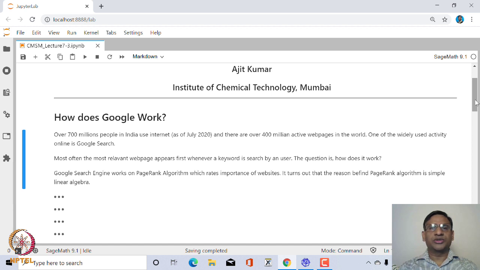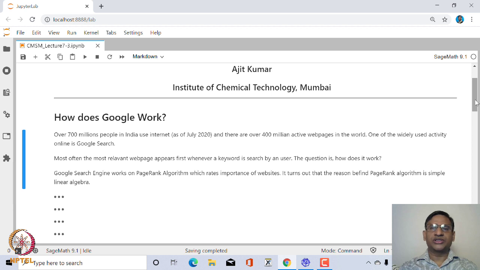One of the widely used activities over the internet is search. Most often when you search any keyword, the most relevant website appears as the first website. So, you should be wondering how does it work, how does it happen.